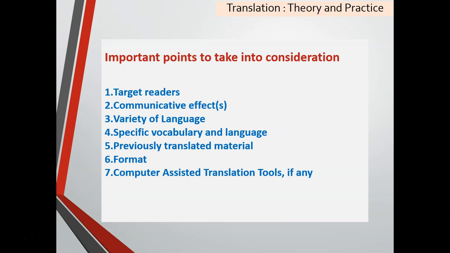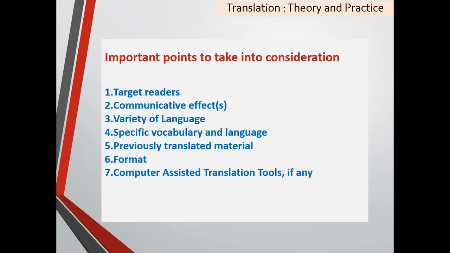And the format in which the translation should be delivered should be agreed upon right from the beginning. Computer-assisted translation tools, if there are any, need to be taken into consideration. So these are points that translators must keep in mind prior to starting any translation task.